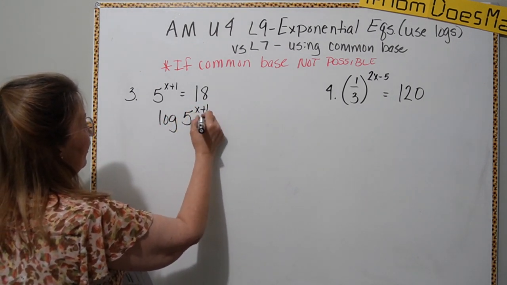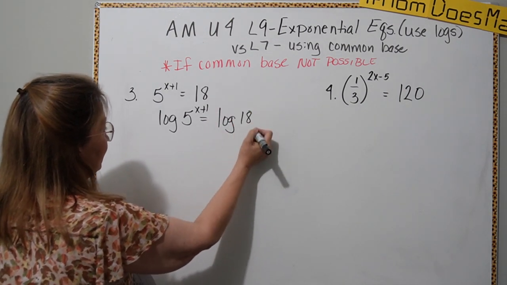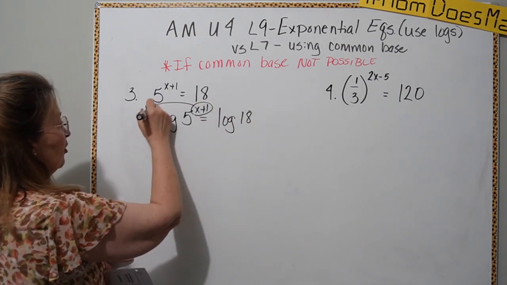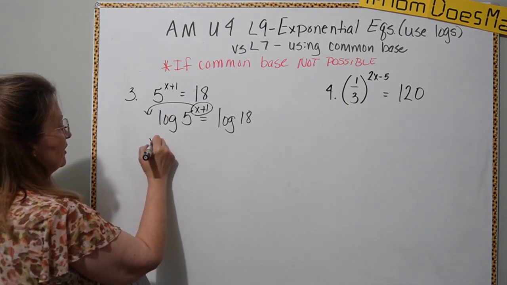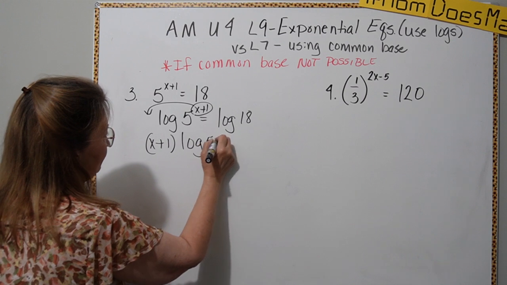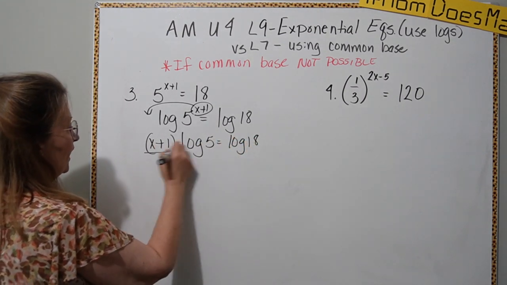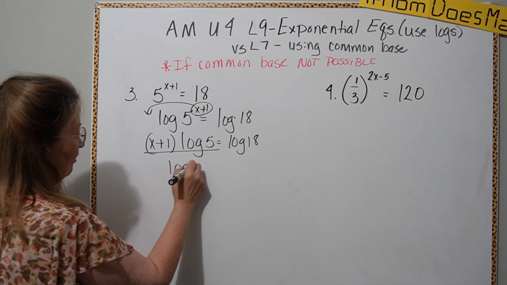So I've got the log of 5 to the x plus 1 is equal to the log of 18. Then I'm going to use my power property to whip that around. So now I have x plus 1 times log 5 is equal to log 18. Now I'm going to divide both sides by log 5.